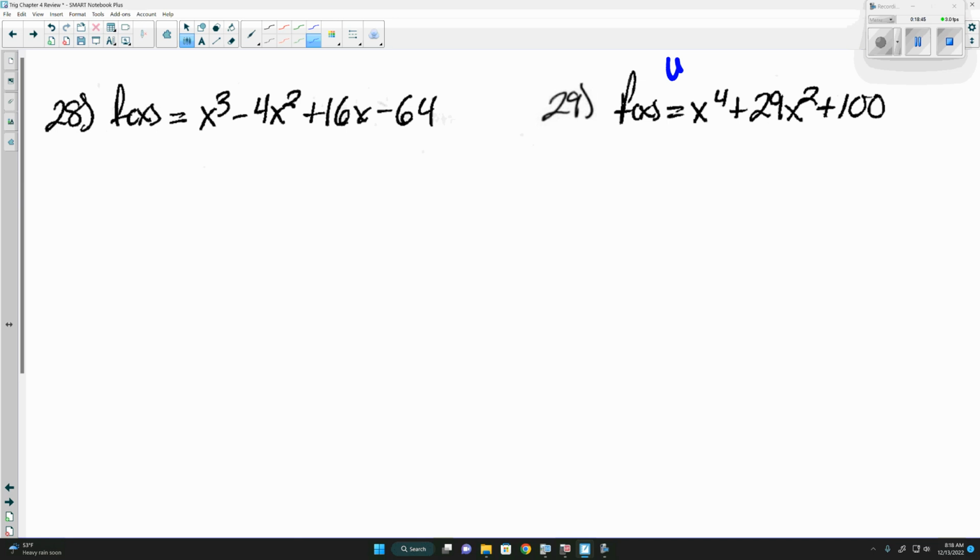Now, we can use U substitution, which is just saying U is equal to x squared, to make it a little bit easier to work with. Because what that'll simplify it to, because U to the 4th will become U squared, plus 29 times U plus 100.